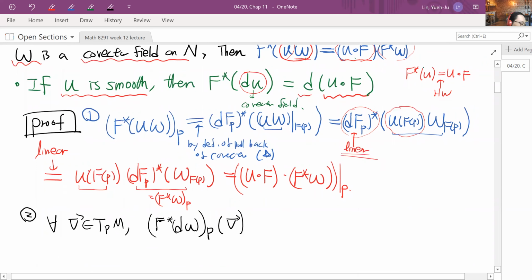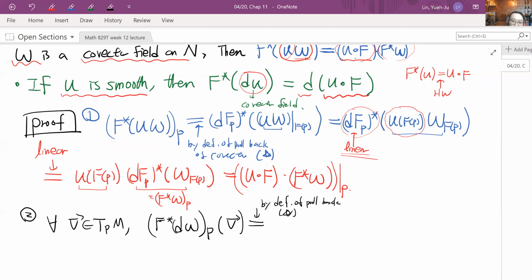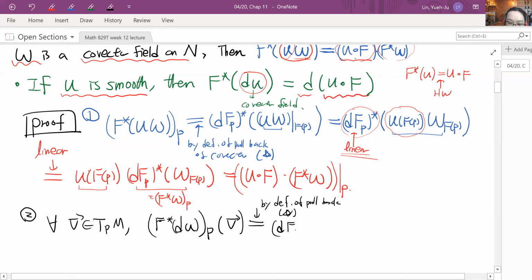So by the definition of pullback, that's the start. This is kind of playing with the notation. Essentially you take the dual map and you pull back this differential.